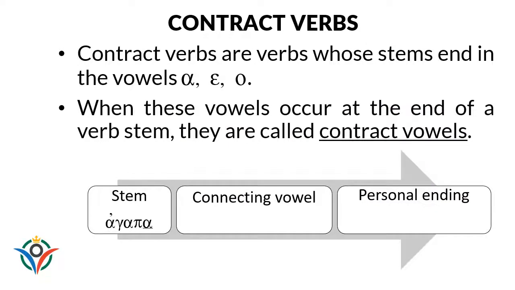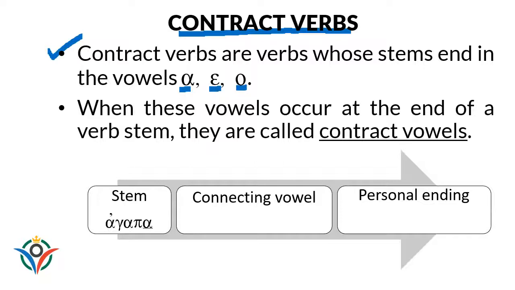Now that we have done some revision of the Greek vowels and the personal endings of luo, let us take a look at contract verbs, which is the topic of our lesson today. The first point says, contract verbs are verbs whose stems end in the vowels alpha, epsilon, and omicron.